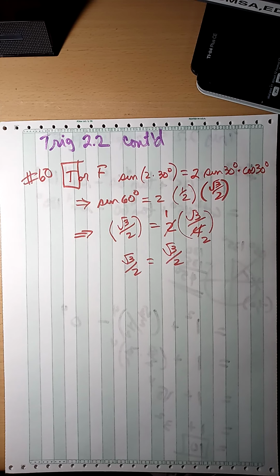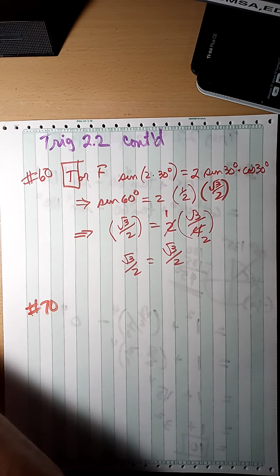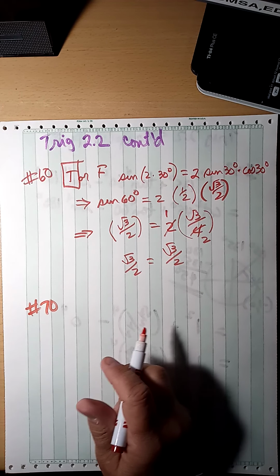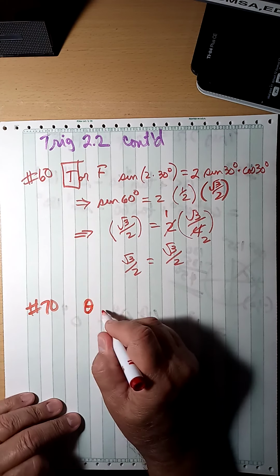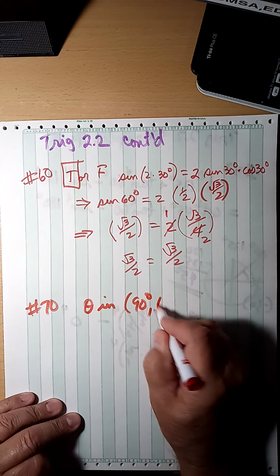How about number 70? Asks, suppose theta is in 90 to 180. So theta is in the interval from 90 degrees to 180 degrees.